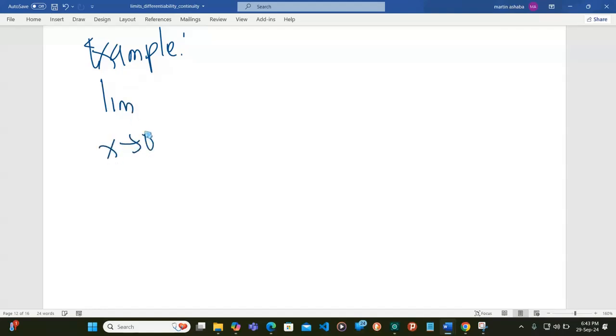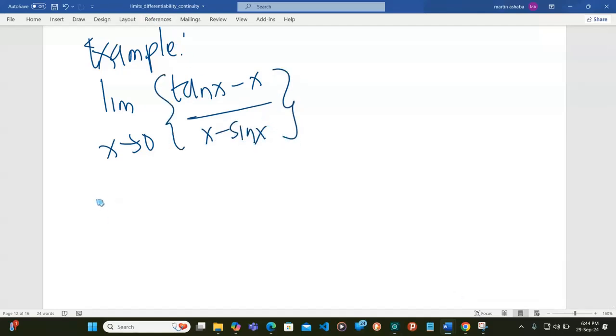We are taking another example. We have the limit as x tends to 0 of tan x minus x divided by x minus sine x. So we also check if it is indeterminate.